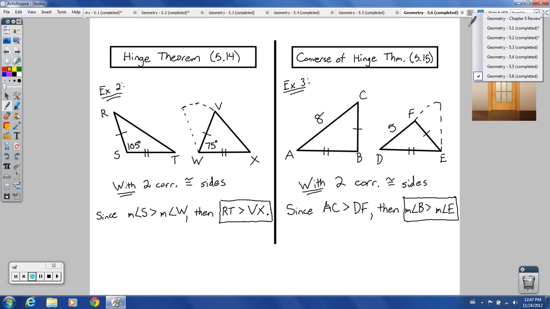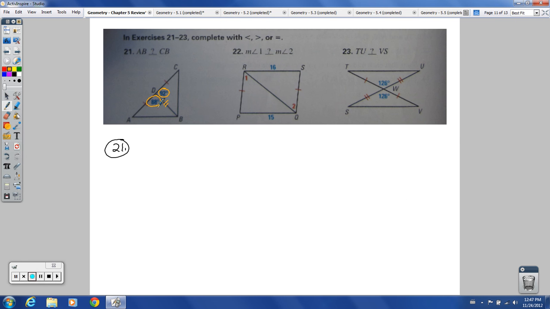So what is the case here? This is a smaller angle, so this is going to be a smaller side than this one. Since CB is across from the bigger angle, CB should be the bigger side. So the alligator should be eating the CB because that's bigger, if you learned it that way.